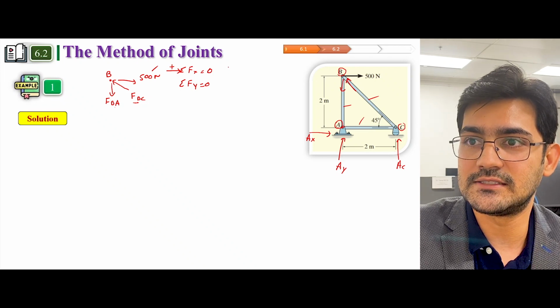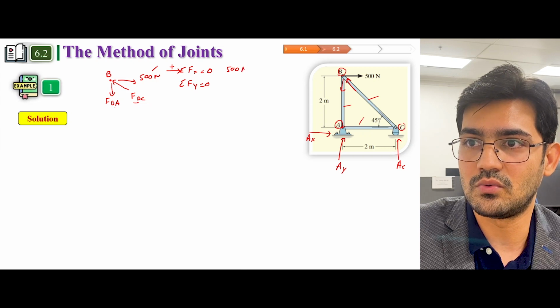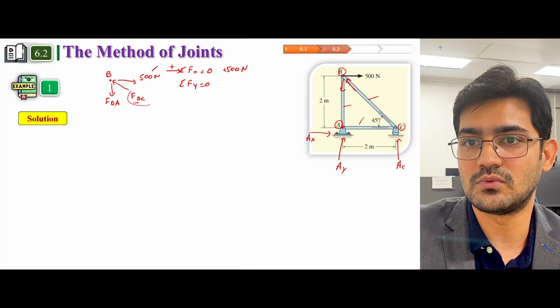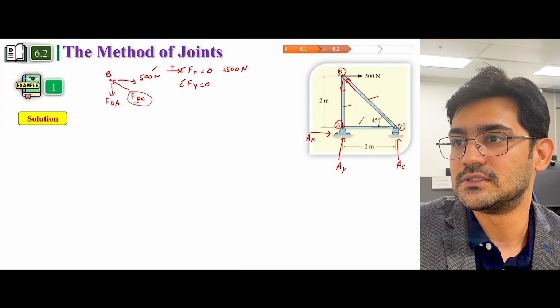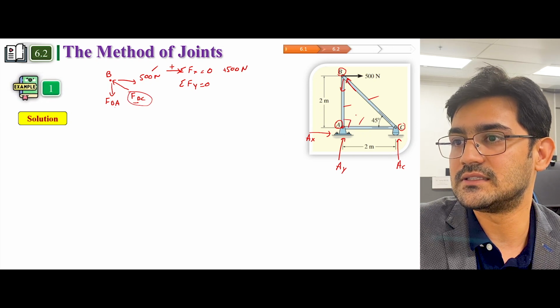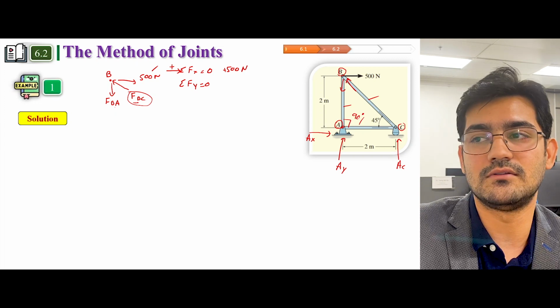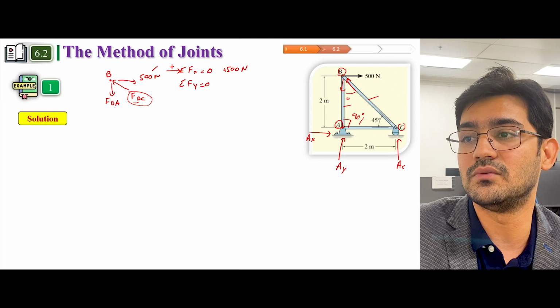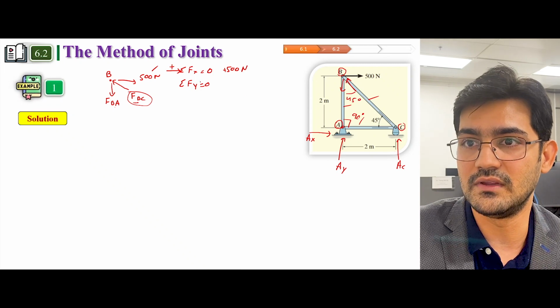So this is a horizontal force, 500 Newton, so we will put a positive sign with this. And there is another force, this one. This is 45 degrees, this is 90 degrees, and since the summation of all the angles in a triangle is 180 degrees, if you do the math, you will get 45 degrees.